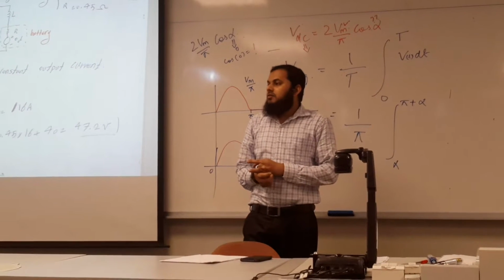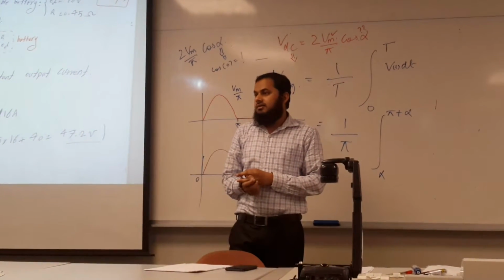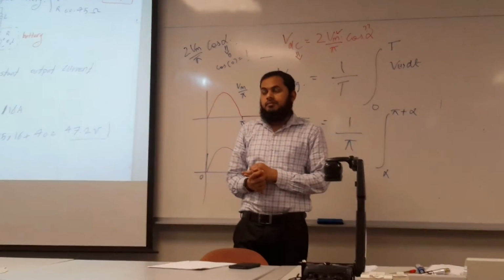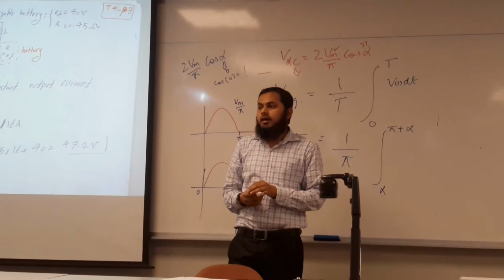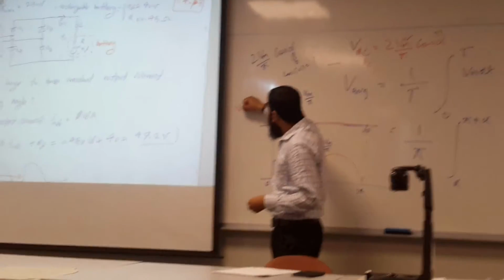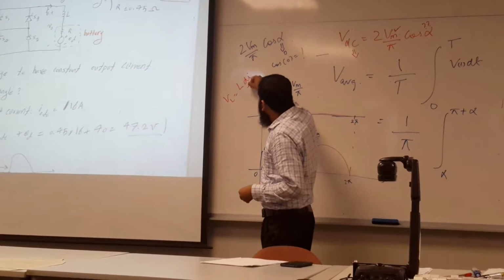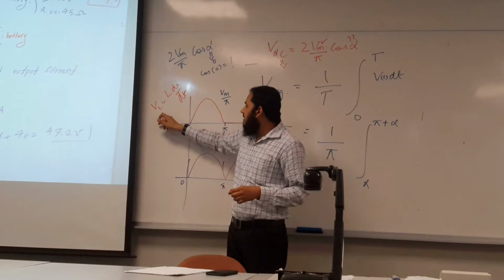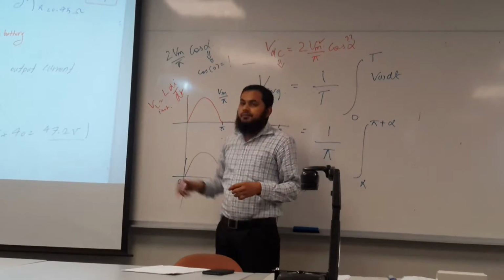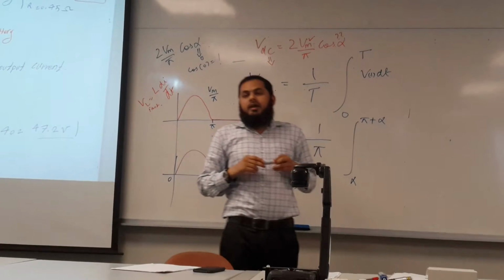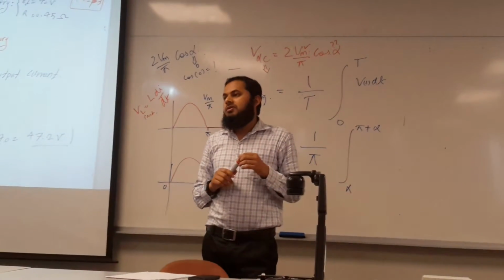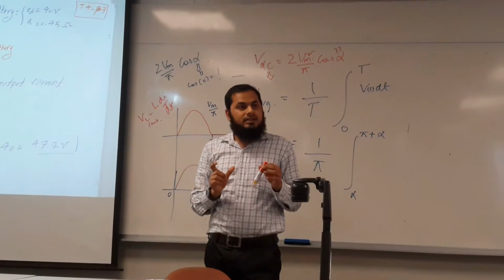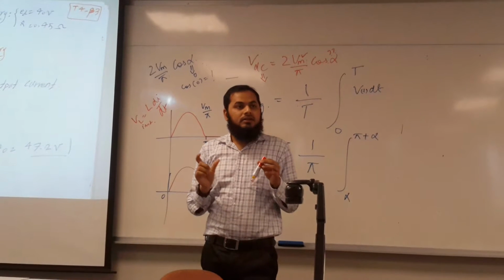What's the average voltage across the inductor? V_L equals L di by dt is instantaneous. What is the average voltage? Always remember that the average voltage across an inductor is always 0. That's the property of the inductor.